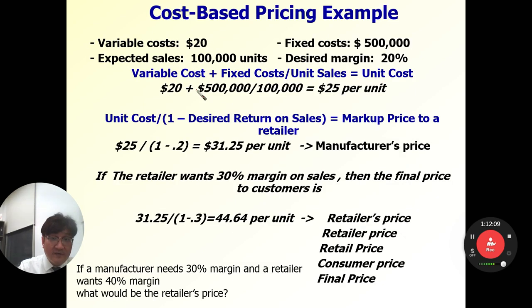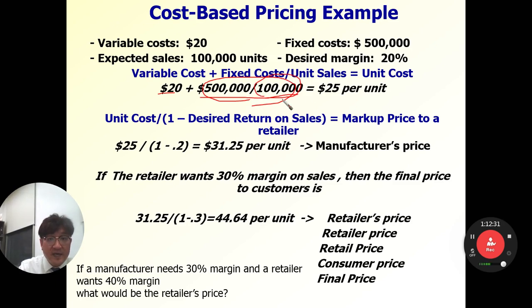So if you want to calculate the unit cost, it's going to be variable cost plus fixed cost per unit. If you increase your production, you increase the denominator, then the term fixed cost per unit is going to decrease.